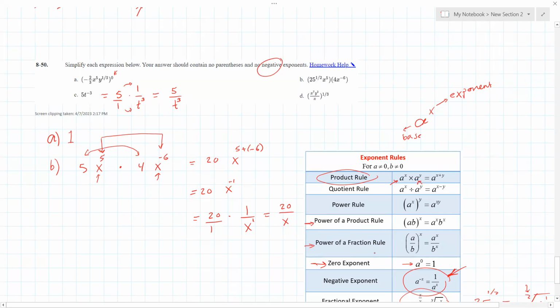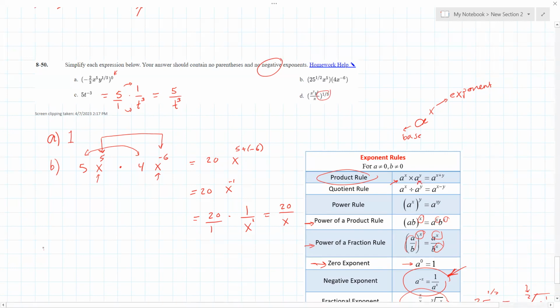So if there are terms inside parentheses, and we have an exponent, the exponent is distributed to each one of them. Same thing when you have a fraction inside parentheses, and there is an exponent, we distribute the exponent to the top and the bottom. So here, this exponent 1/3 should be distributed to each one of these.